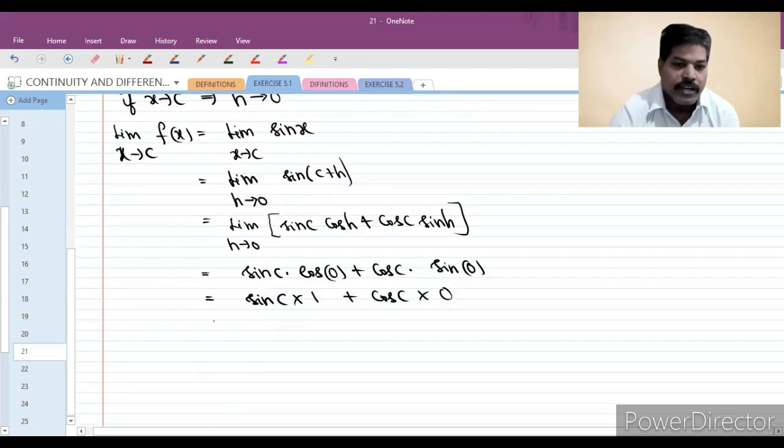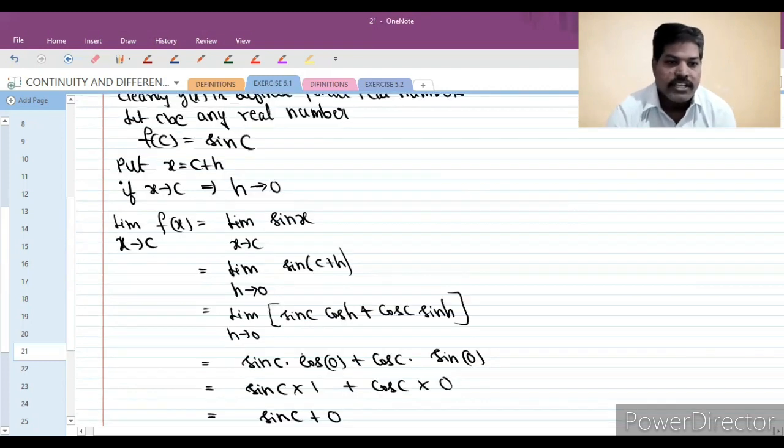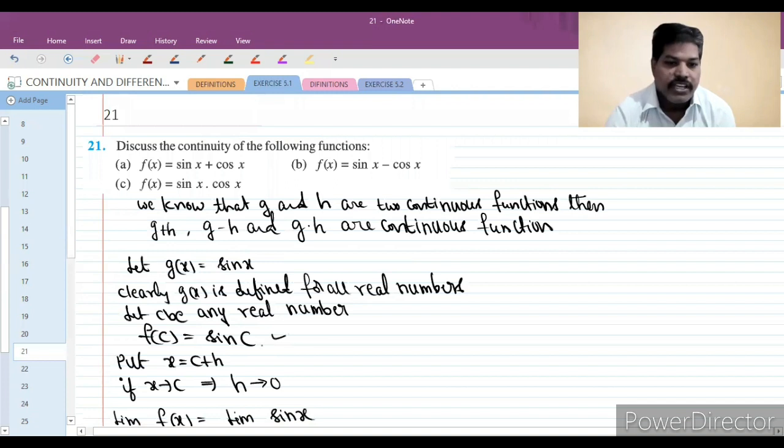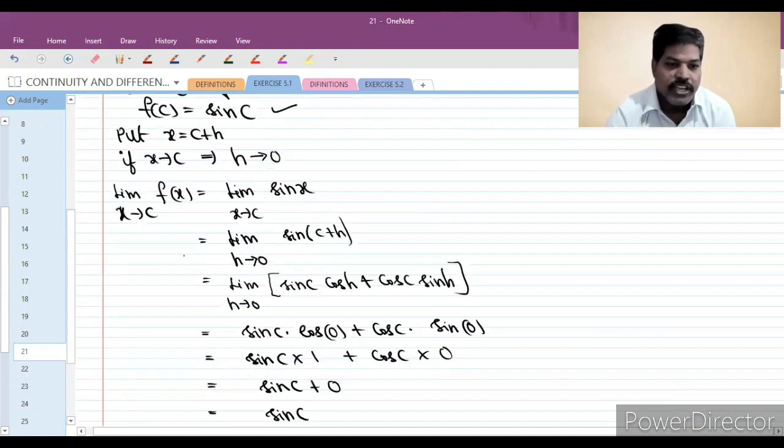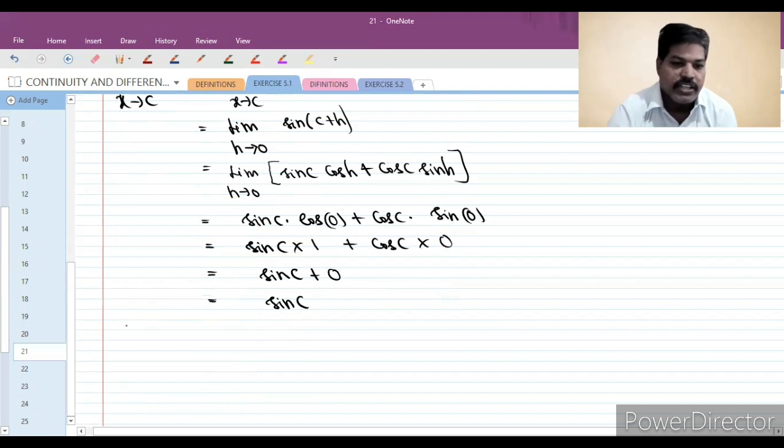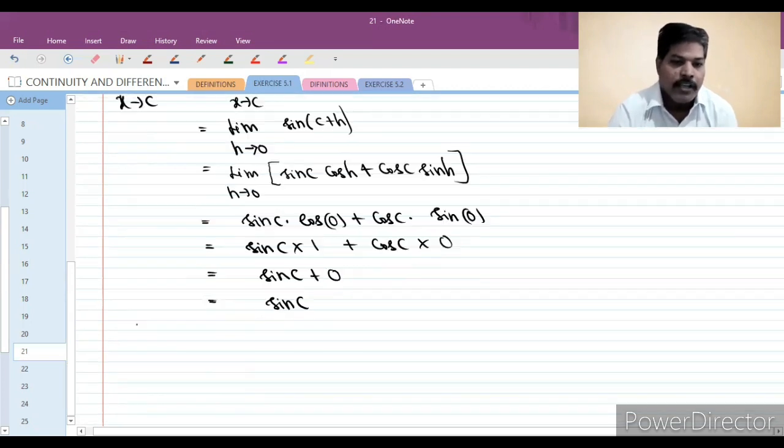So that is sin c plus cos c into 0, which is 0, so automatically it will become sin c. So what is g of c? g of c is sin c, and the limit as x tends to c of g of x is also sin c. Therefore, what can we declare?